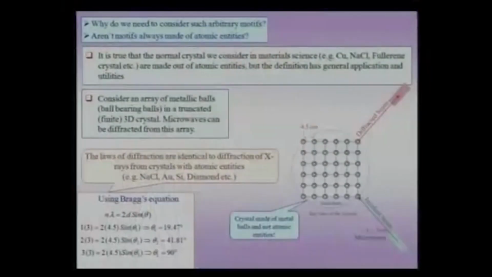Therefore, the entities which go on to make a crystal could be of diverse length scales: of the order of angstroms, microns, or centimeters. And we could perform diffraction experiments either with X-rays, with light or even microwaves, and my results would be identical as long as the geometry of the crystal, the scattering distances and the symmetry of the crystal are such that I use my language of crystallography to describe it. So this is an important example.